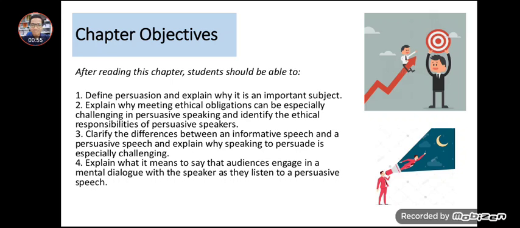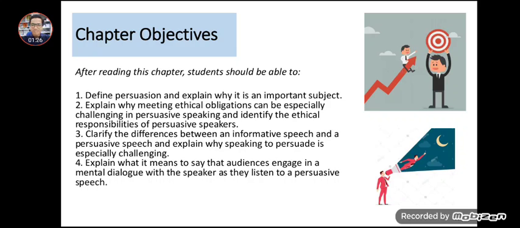Then, explain why meeting ethical obligations can be especially challenging in persuasive speaking, and identify the ethical responsibilities of persuasive speakers, and then clarify the differences between an informative speech and a persuasive speech, and explain why speaking to persuade is especially challenging.